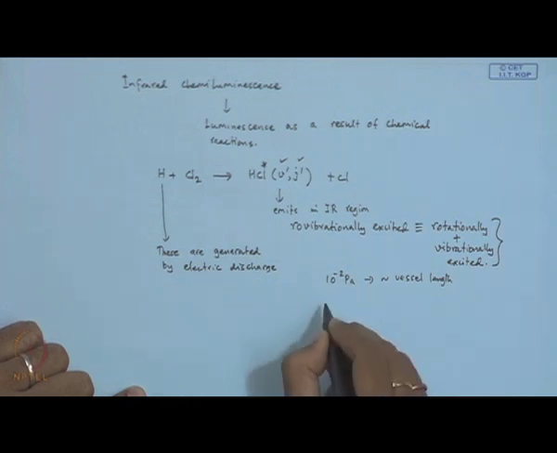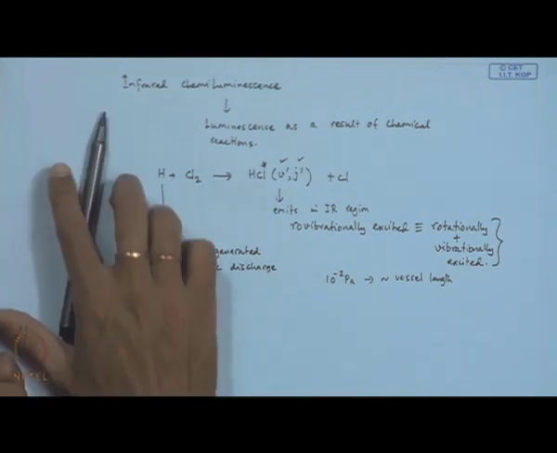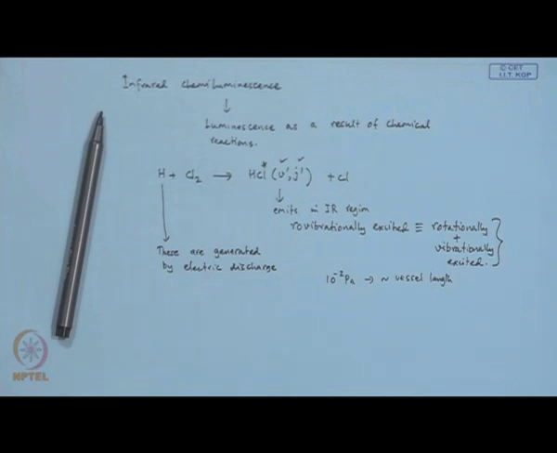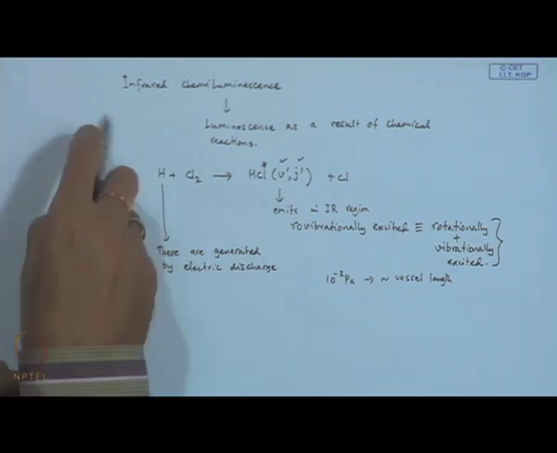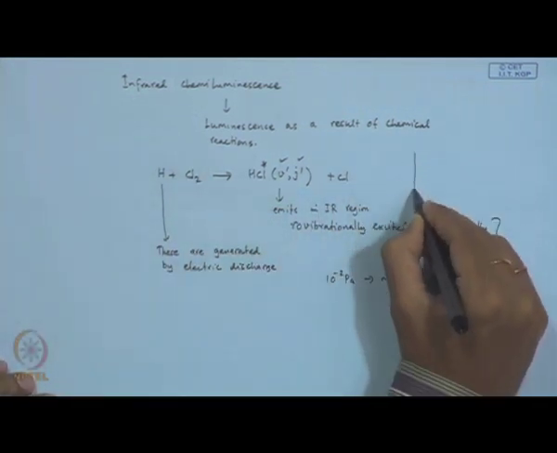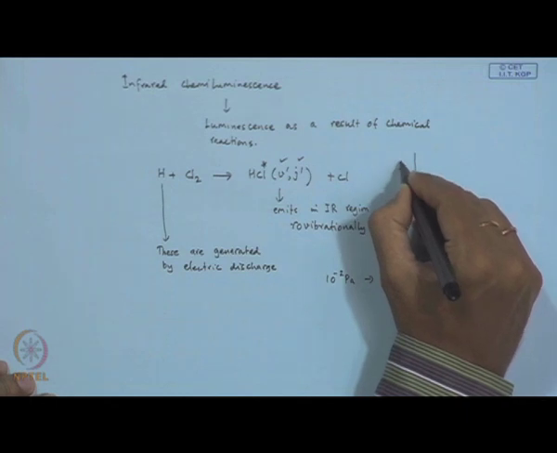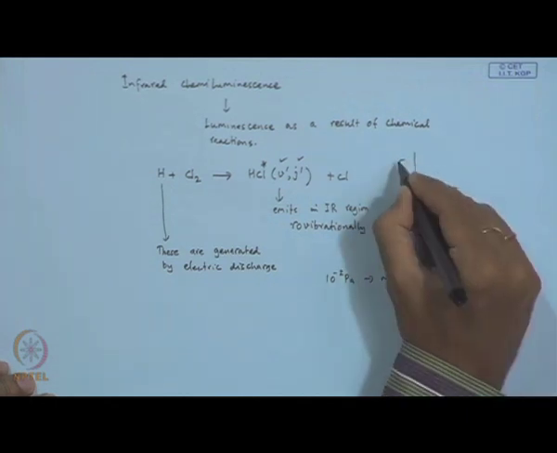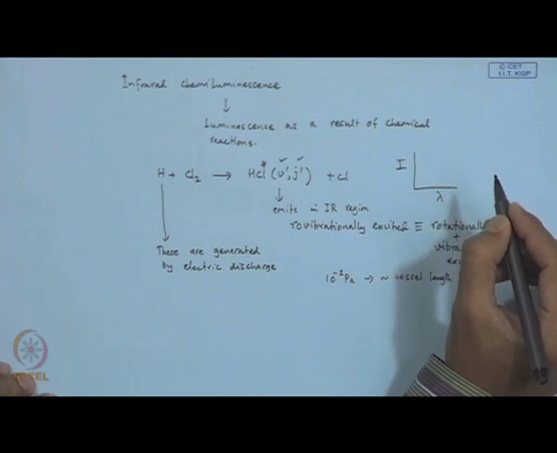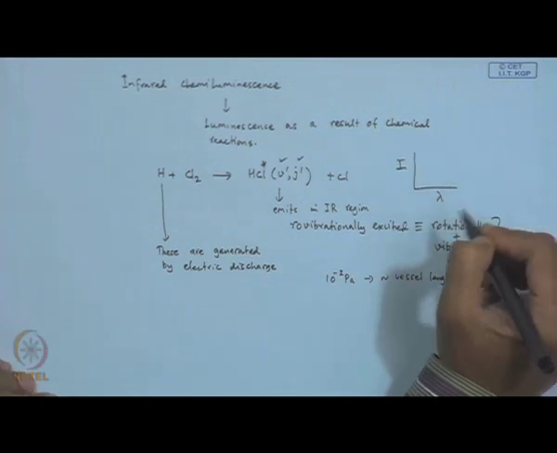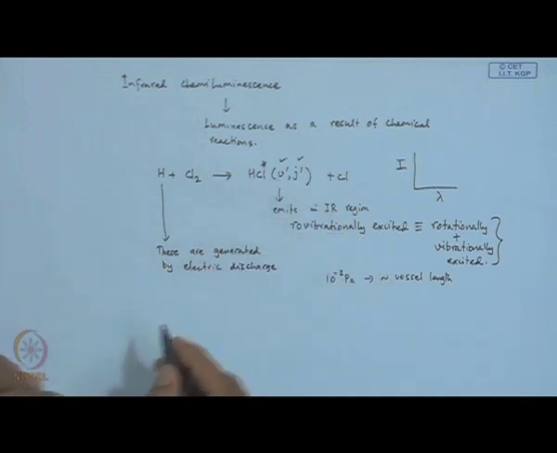It looks like an interesting experiment, and it is a nice example where you get IR emission, which when plotted as emission intensity as a function of lambda will get you important information on the population of various levels.